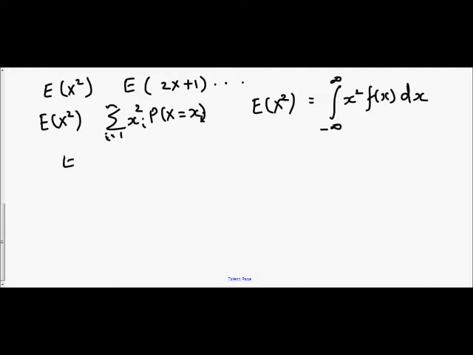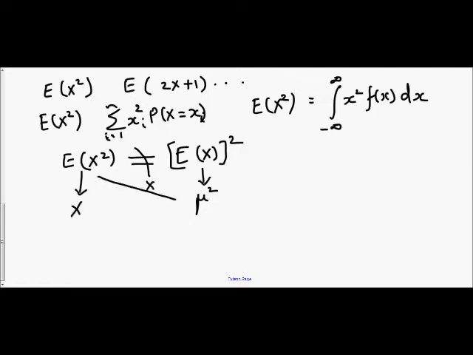You should be careful not to equate this to this. They are not equal. The expectation of X squared is different from the expectation of X, the whole squared. In fact, the expectation of X, the whole squared, is mu squared. Mu is the expectation of X, whereas this is something different and is not equal to mu squared.